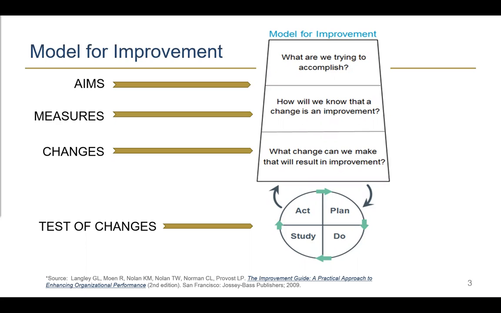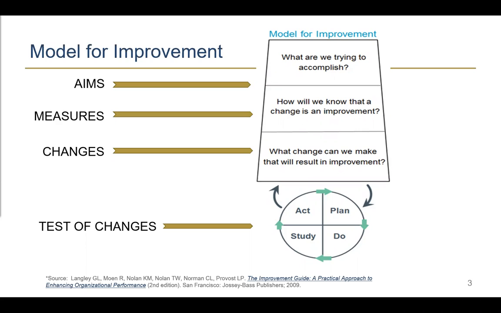The PDSA cycle, Plan, Do, Study, Act, guides the test of a change to determine if the change is an improvement. The approach reminds us that improvement is not about having the perfect solution, but rather it is about trying things out. This session, we are focusing on the first part of this model, and it asks 3 fundamental questions.